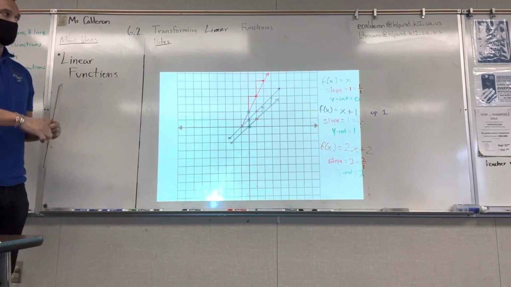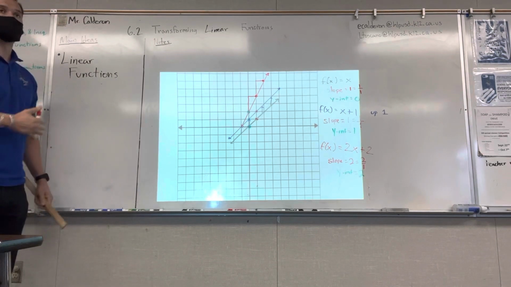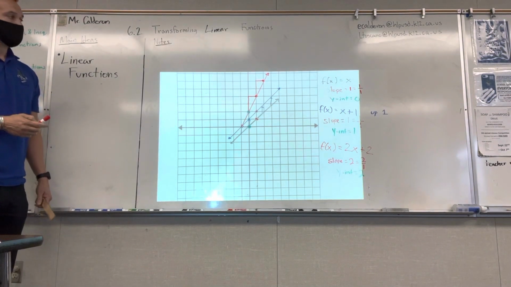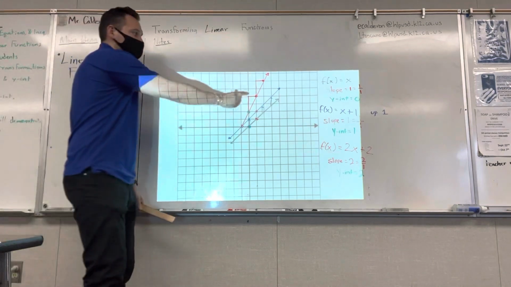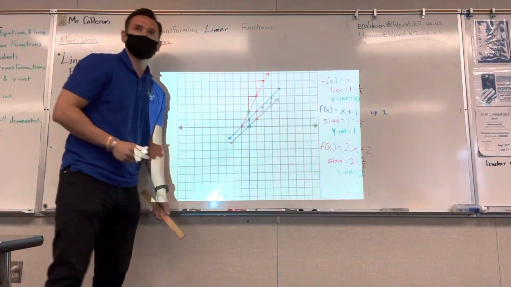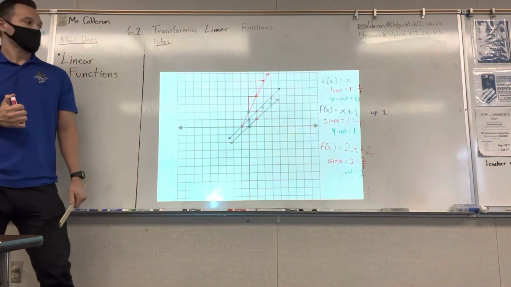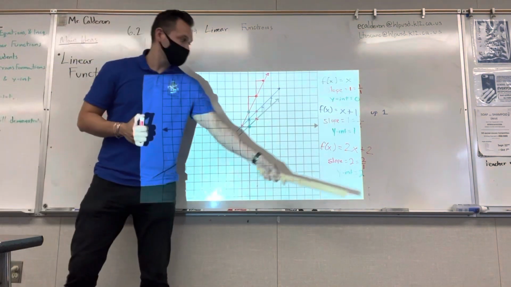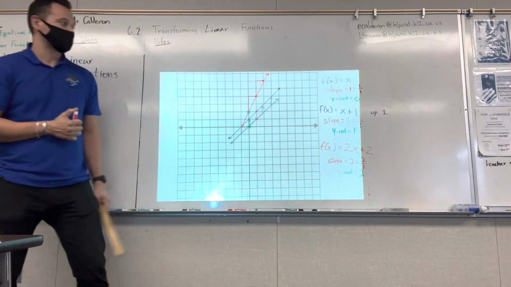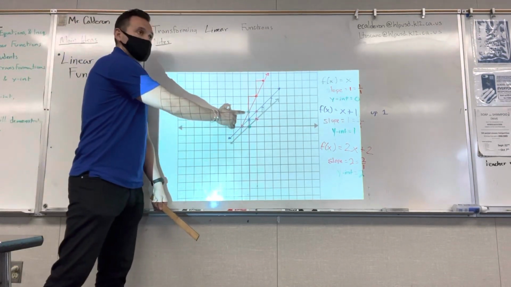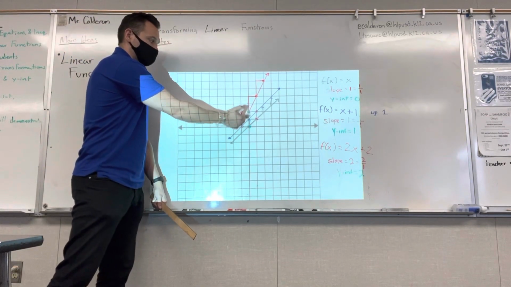All right, so what do you notice here? Is this line parallel to the other two? No. Why not? Because it goes up 2. Yeah, and that's because of the slope, right? The slope does that. Now, the y-intercept, it still went up too, and it's close to it, right?